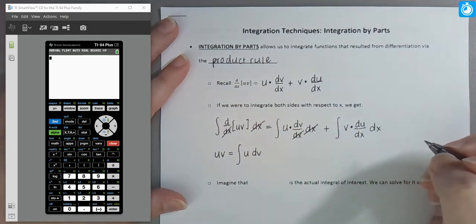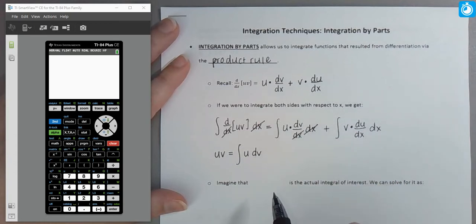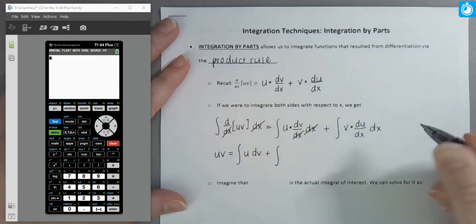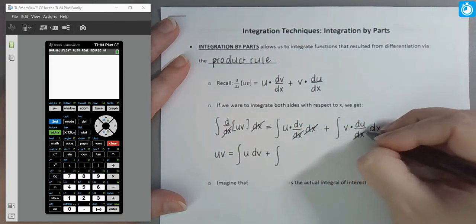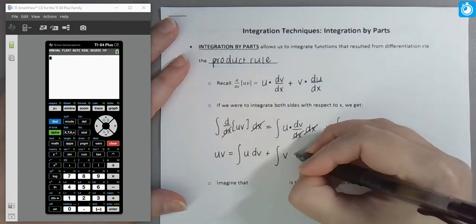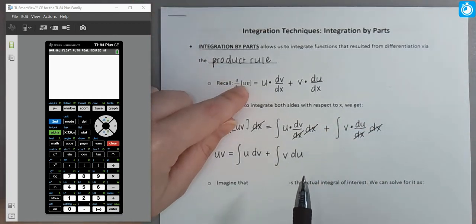So it's no longer integrated with respect to x. It's integrated with respect to the variable v, which is associated with one of the original functions. Now similarly for the other one, our dx is eliminated, and we're left with v du. So we still have an integral, but now we're integrating with respect to u, which is associated with one of the other original functions.